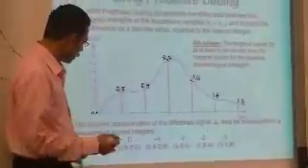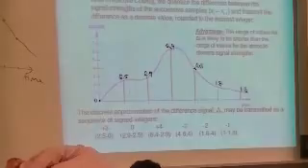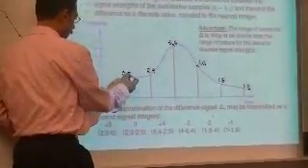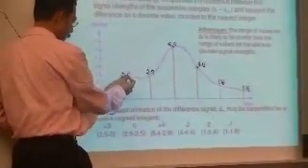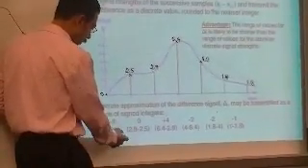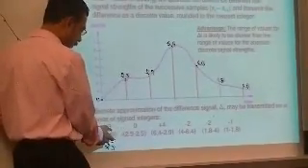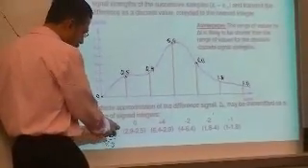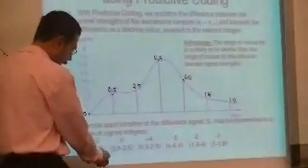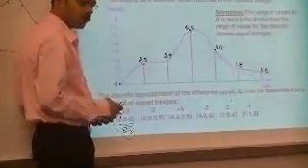So how do I capture this point? This point is going to be the difference between this level and the previous level. So that is 2.5 minus 0. So that is 2.5, right? We'll come back to this rounding business. Instead of sending 2.5, you round it to the next largest integer, which is 3.